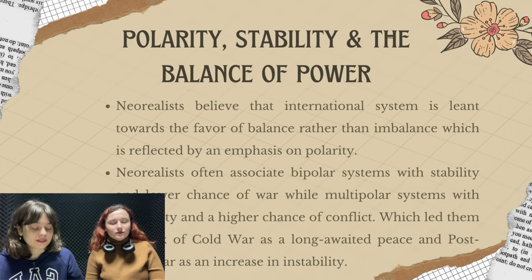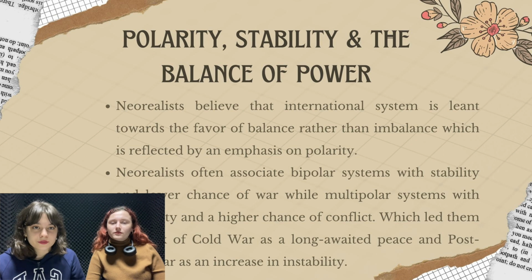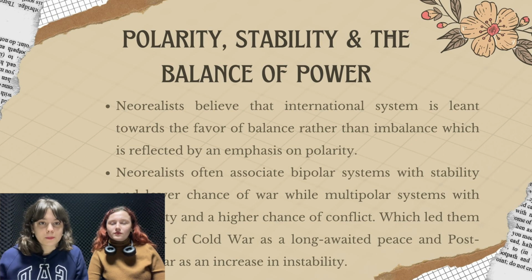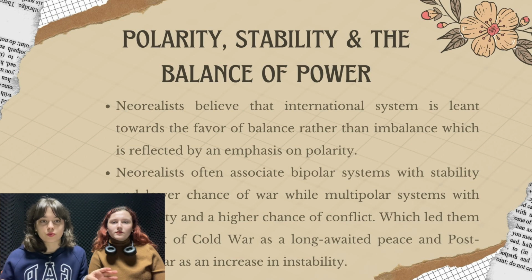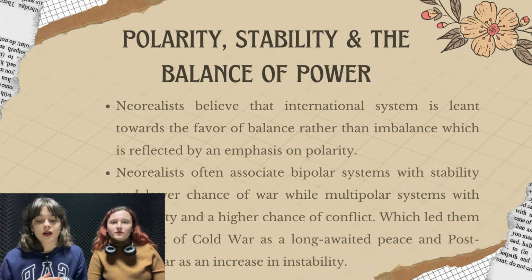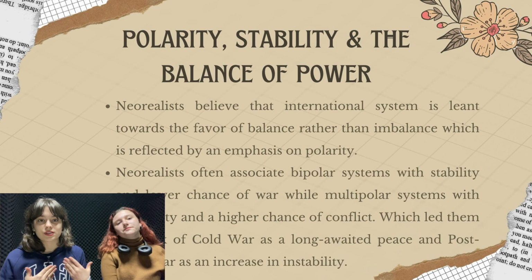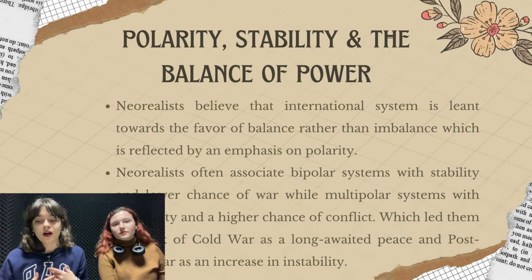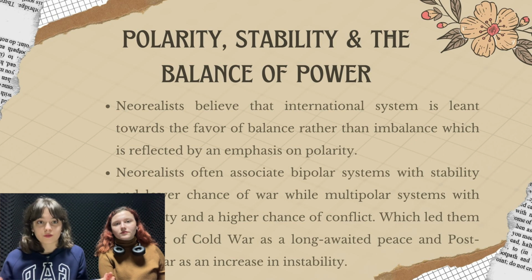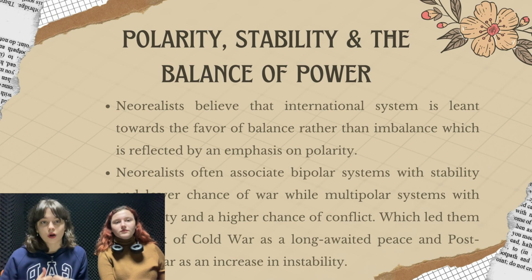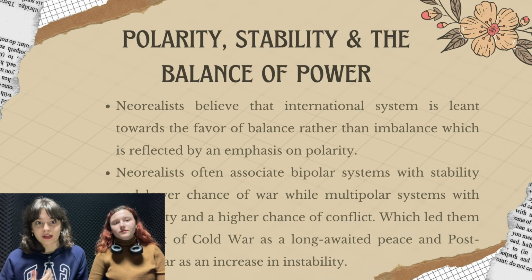Yes, and in the Cold War, there's the thing that is explained as MAD, which is mutually assured destruction, and it's also a crucial term that you need to know in realist theory, because what mutually assured destruction is that there are two, as Pera said, there are two bipolar powers, and they kind of get into conflict and they destroy each other completely, which we can see in the Cold War.